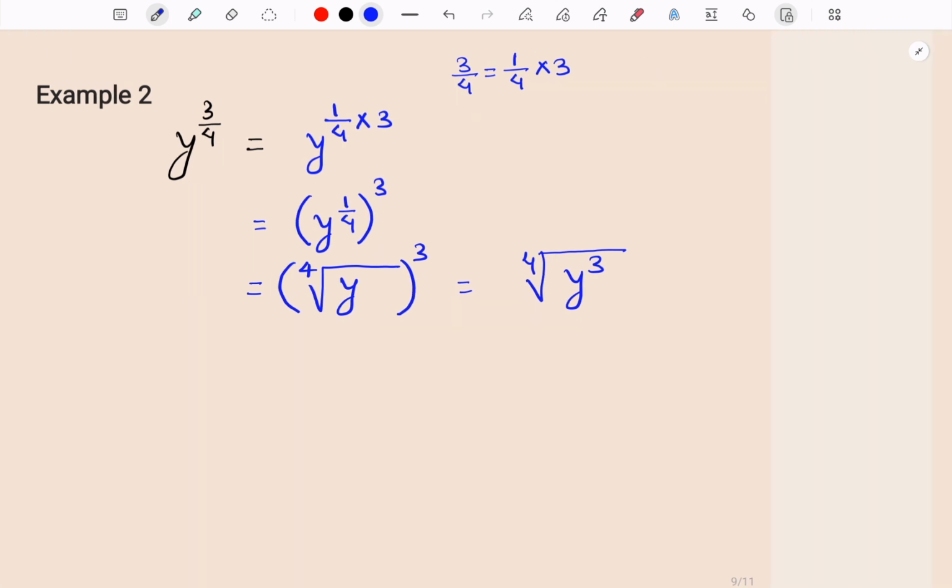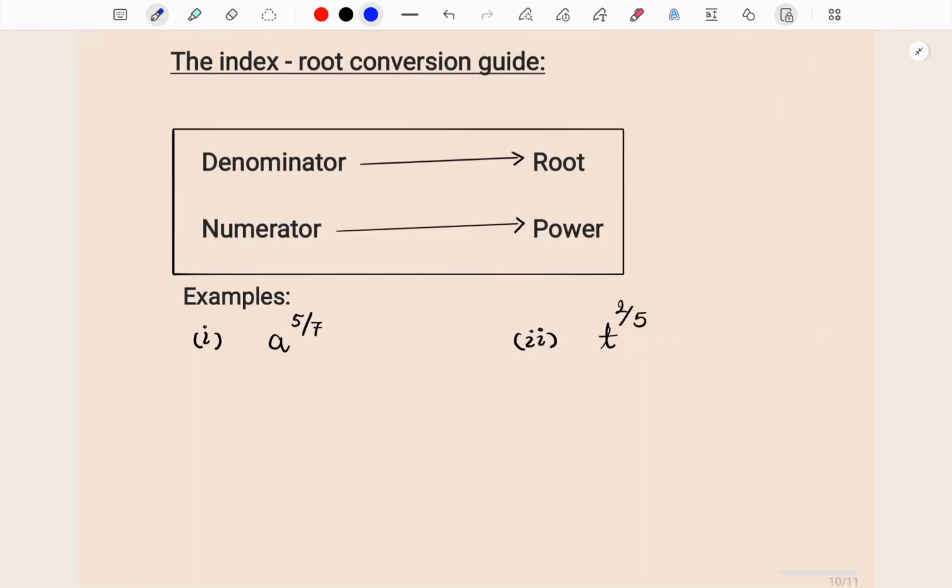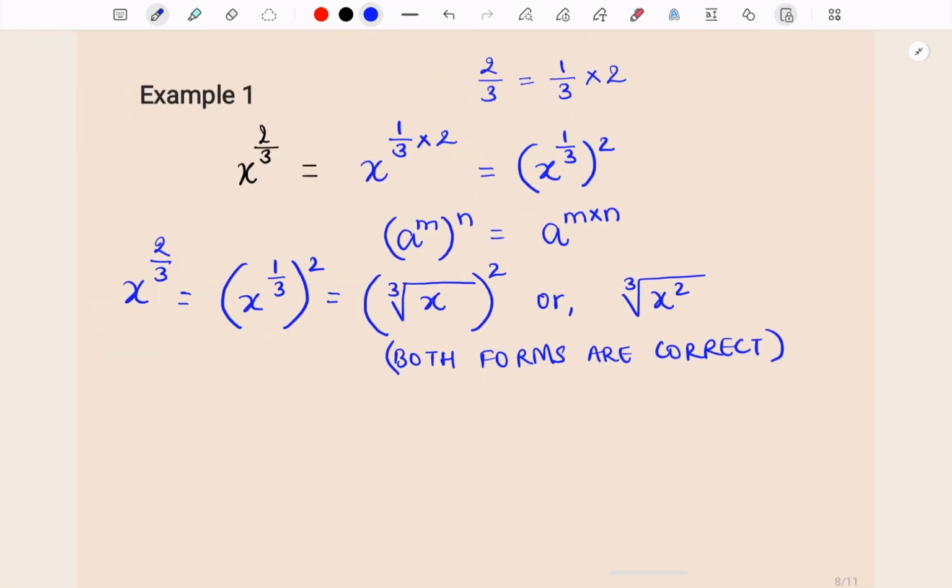Now, if we look closely at both the examples that we just solved, we can see that whenever we convert the index to the root, the denominator becomes the root and the numerator becomes the power. So look carefully at the first example. x raised to the power 2 over 3 became the cube root of x squared.